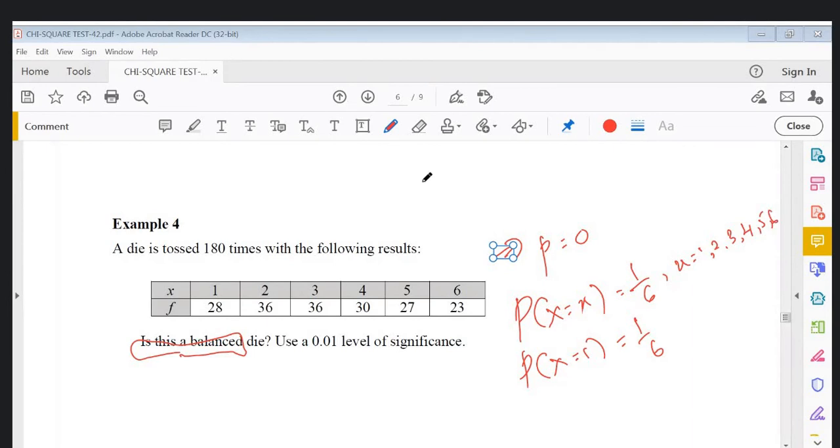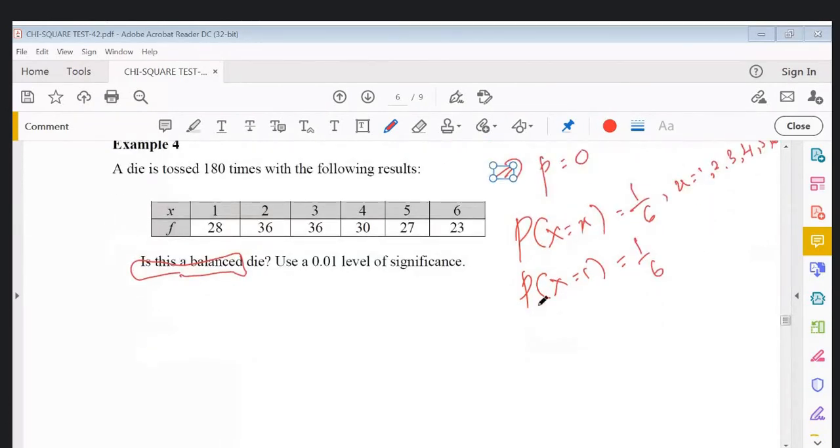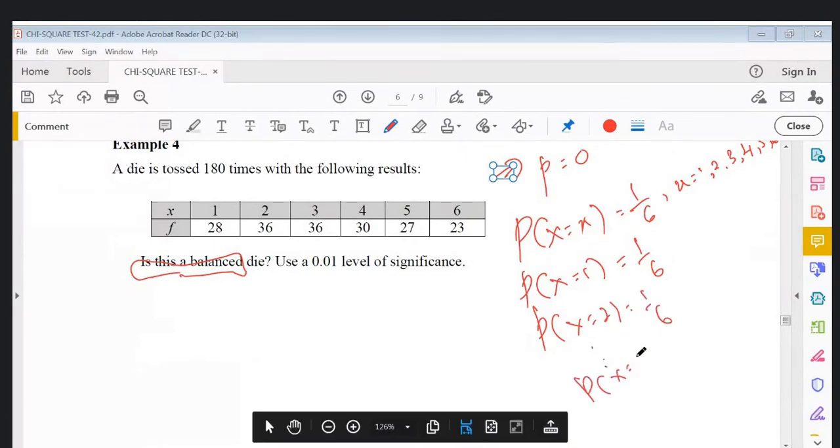For a coin, what is the probability? It is 0.5, 1 over 2. For a dice, 1 over 6. So the probability is the same, 1 over 6, for every X from 1 until 6.